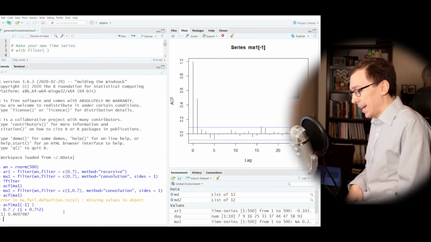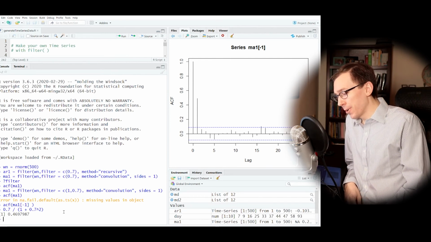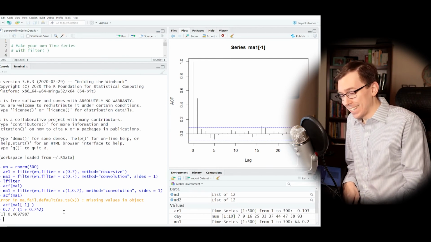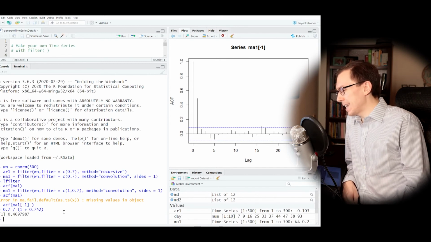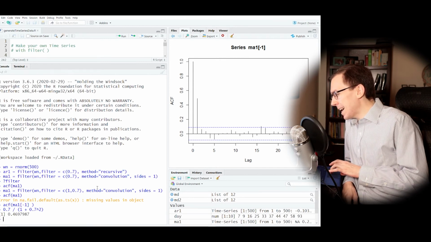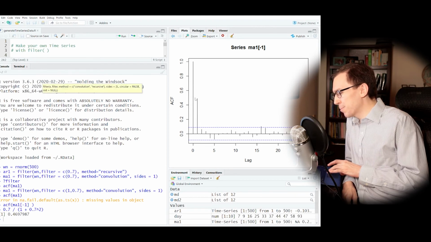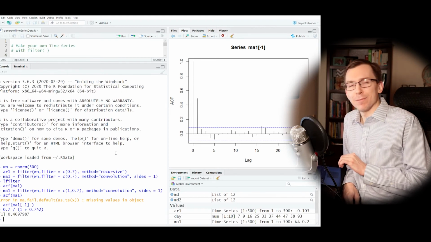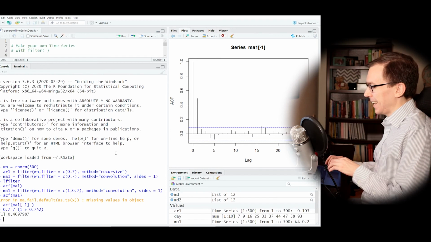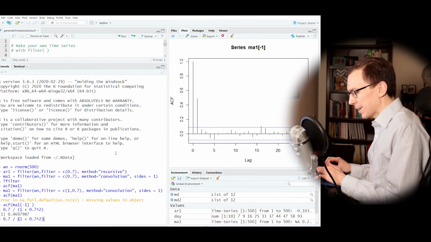And sure enough, that value is 0.469. So basically 0.47. We could compute it exactly from our data, but it looks pretty close to 0.47. So yeah, it looks like our ACF is doing what it's supposed to be doing.